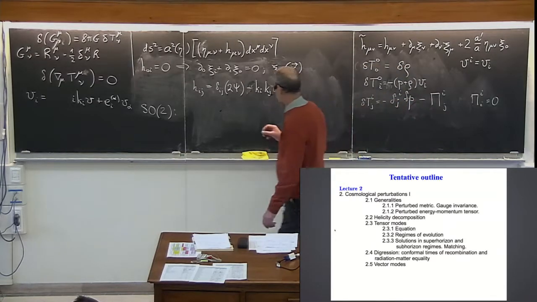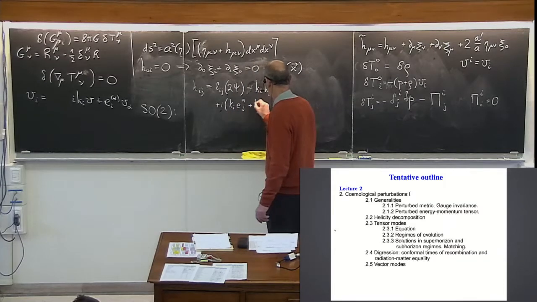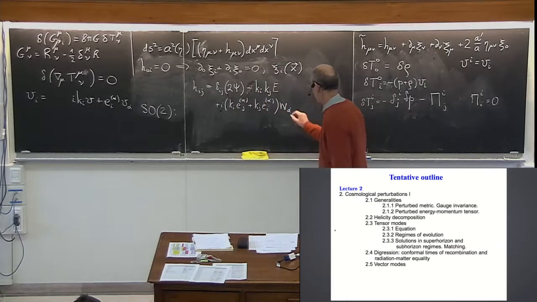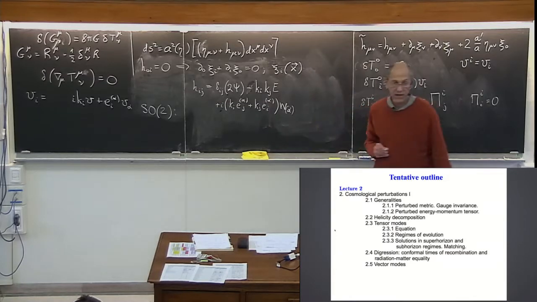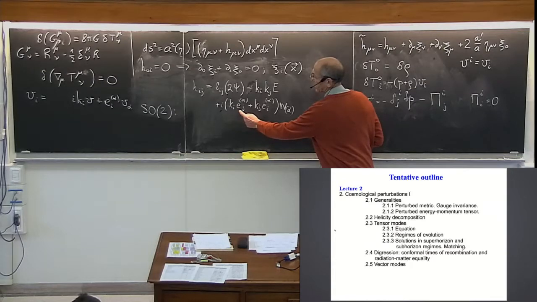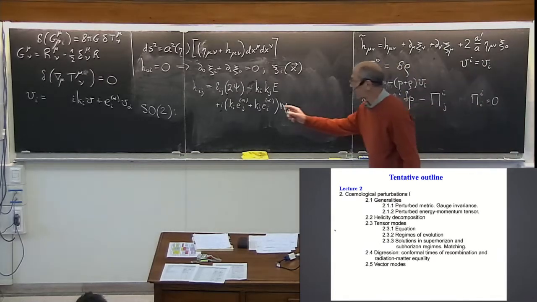One is this one, ki E alpha j plus kj E alpha i, W alpha. This is a vector, right? It has helicity 1 because these guys rotate as vectors in the plane perpendicular to the momentum. So this is actually a vectorial part.